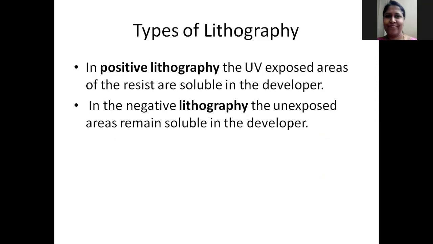In negative lithography, the unexposed areas remain soluble in the chemical developing solution. You have to remember, in positive lithography, the exposed photoresist material is soluble in the chemical solution and can be removed.